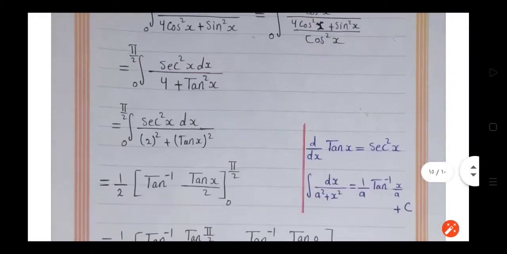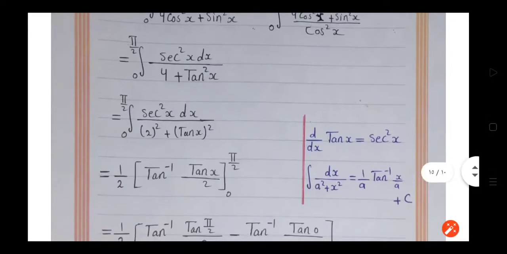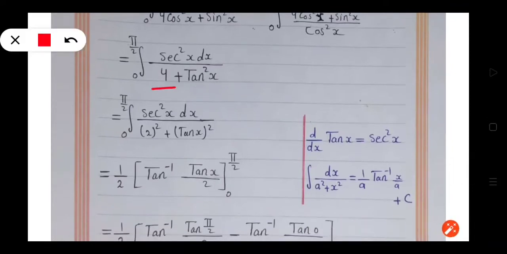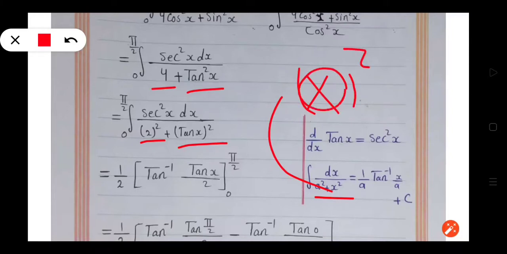Now we can write it in the form of squaring. 4 is 2 squared and tan squared is tan x all squared. Remember how we can find the integration that gives tan minus 1: integration dx over a squared plus x squared, where x squared is x all squared. The function inside the brackets has derivative 1, and also we have 1 beside dx.